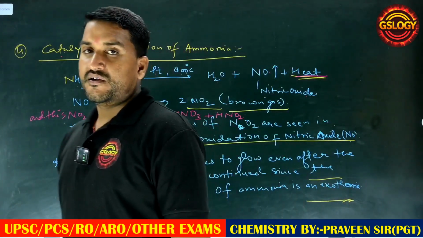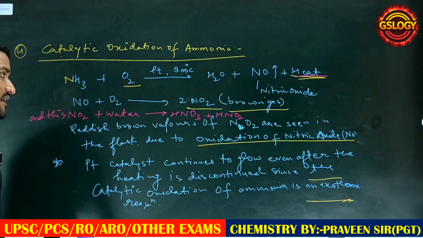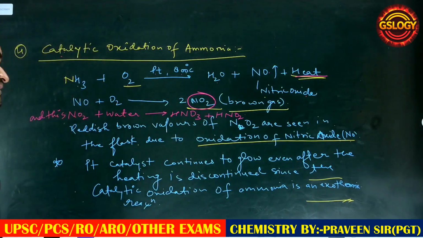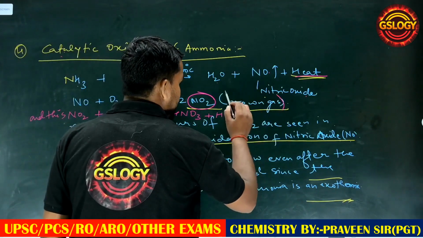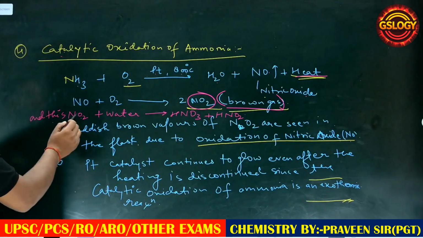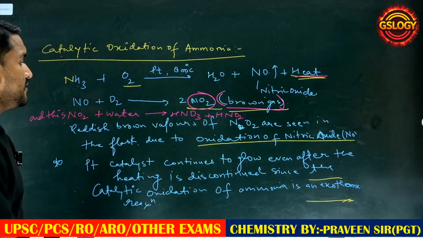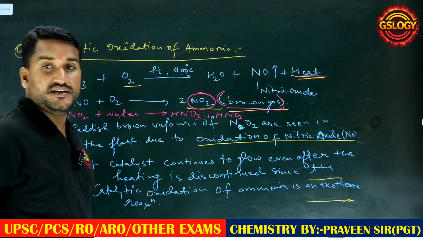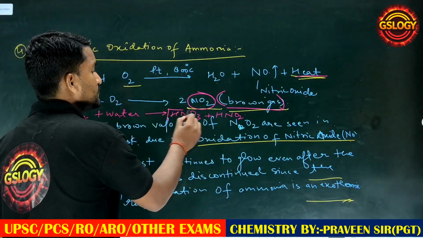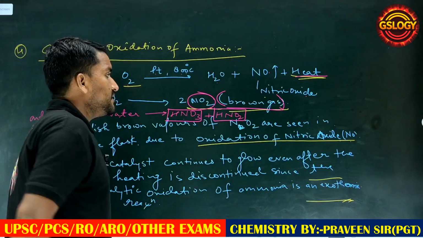Further, nitric oxide reacts with oxygen to form nitrogen dioxide, a brown gas. Okay? This nitrogen dioxide further reacts with water to form nitric acid and nitrous acid.